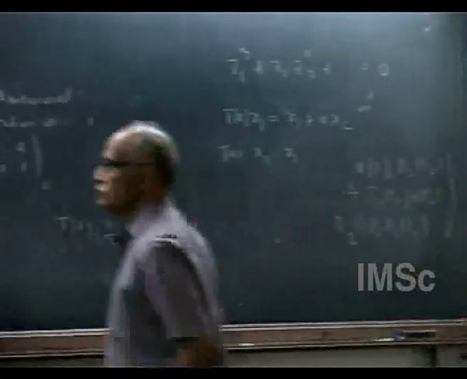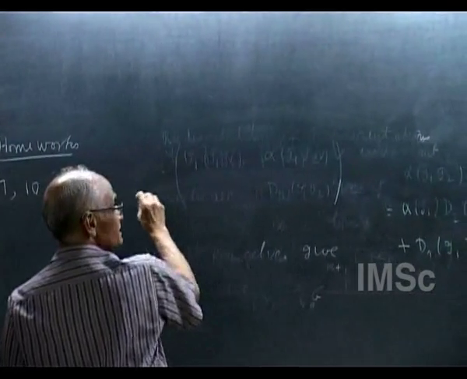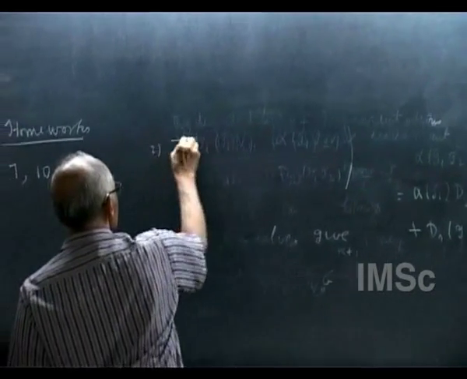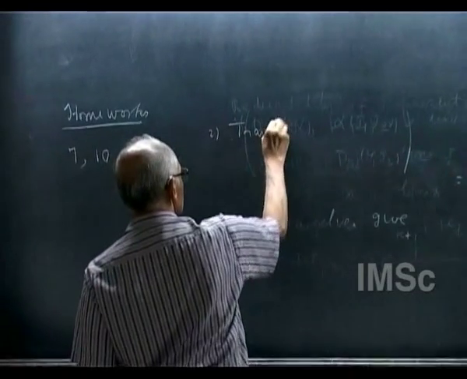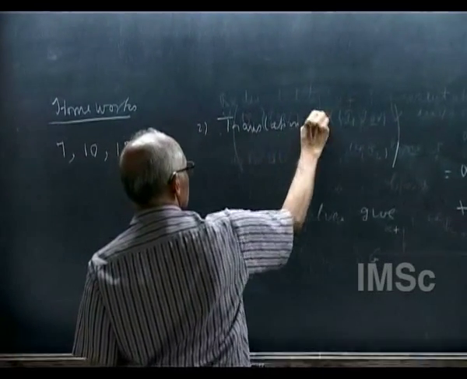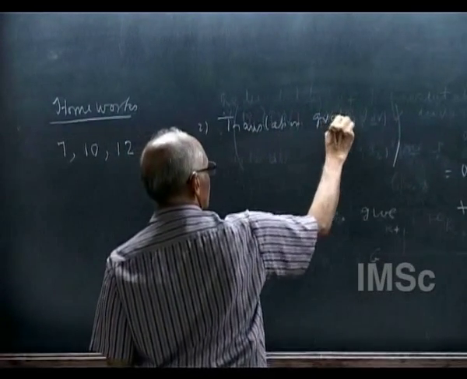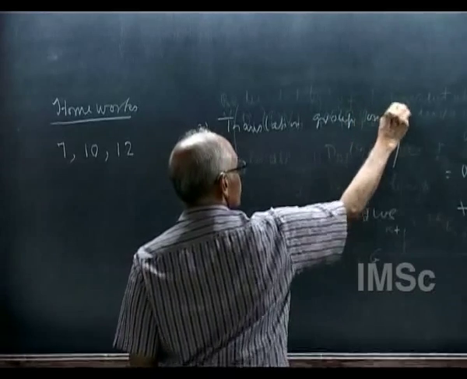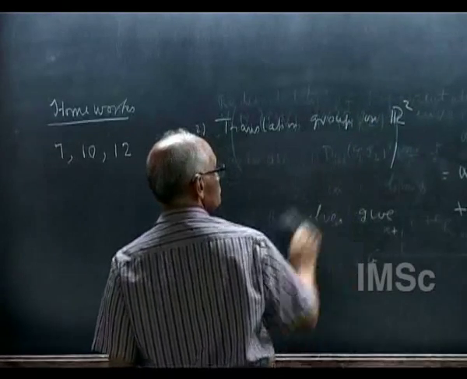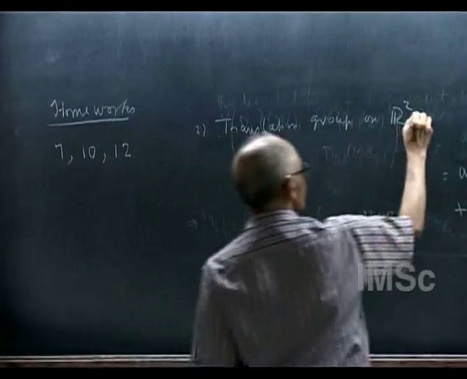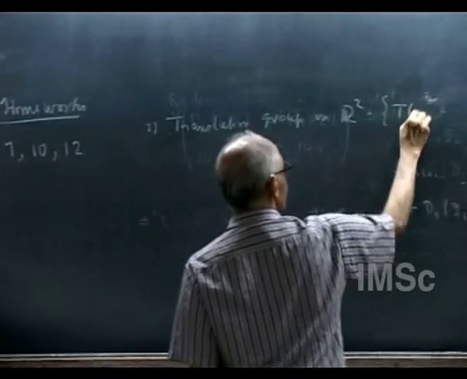Now, if I take the translation group on R2, so I have two variables. The elements of this group will be now T of A1 A2.